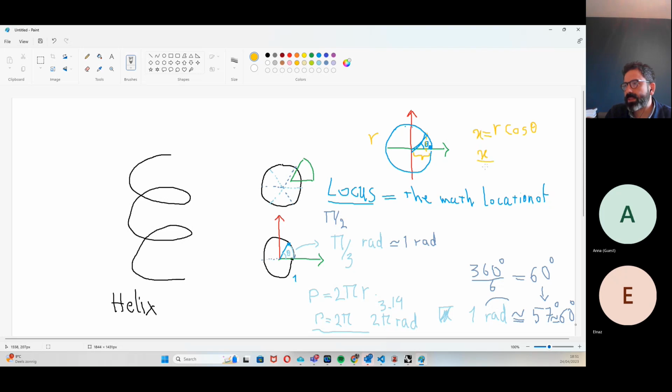It's another way of saying that x divided by r means cosine of theta. And similarly, y equals r sine of theta, or you can also say sine of theta is a number that is, by definition, equal to y divided by the radius of the circle.